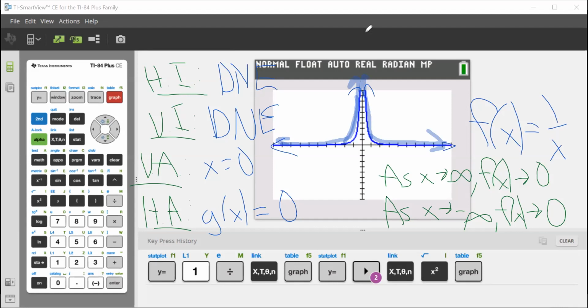We also see that the vertical asymptote is still going to be at that value x equals 0 right there on the vertical axis. Horizontal asymptote is still at the value g of x equals 0. And we see the same long run behavior, right? As x goes towards positive and negative infinity, those outputs are getting closer and closer to 0. Okay.